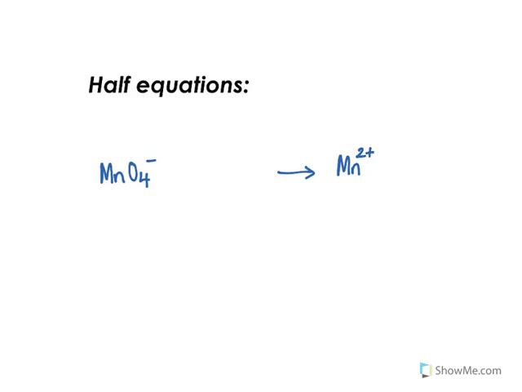In order to build half equations, the first thing that you need to check is the balancing of the atoms. And the first of those atoms that you check is anything that is not oxygen or hydrogen. So the substance here, which is not oxygen or hydrogen, is manganese, and there is 1 manganese on the left, 1 manganese on the right, so that bit is correct.